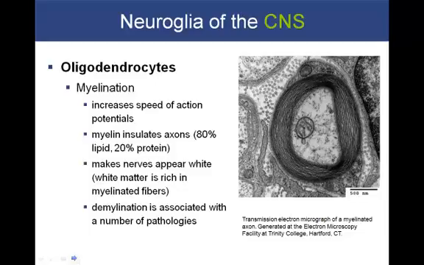Myelination, and here in this electron micrograph, we see all the layers surrounding this axon. Again, this is all the extension of that oligodendrocyte, and this layering effect insulates the axon, and this insulation actually increases the speed of the action potential.